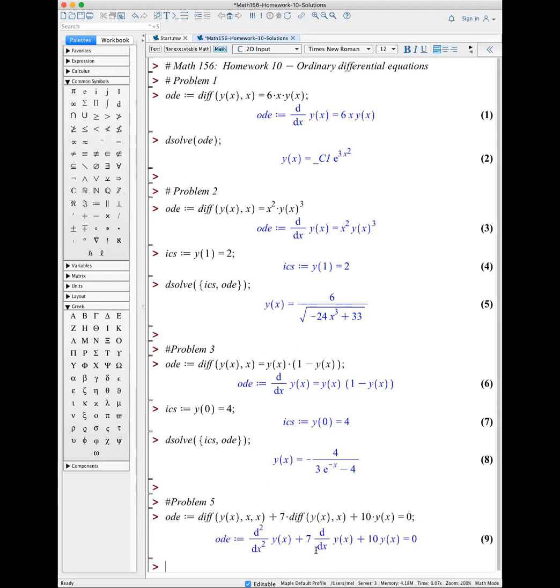I don't have an initial condition, so I just want to find the general solution.